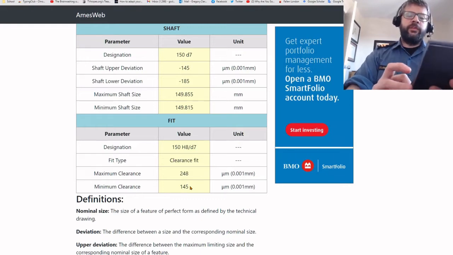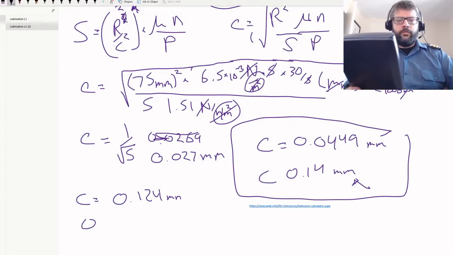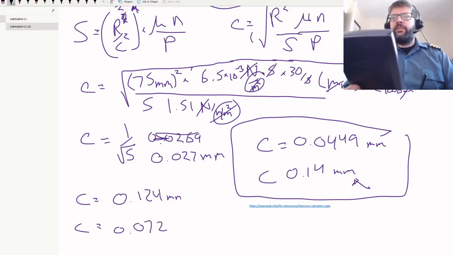That's diametrical, so to get to our radial, divide by 2, that would give us 0.0725 millimeters.